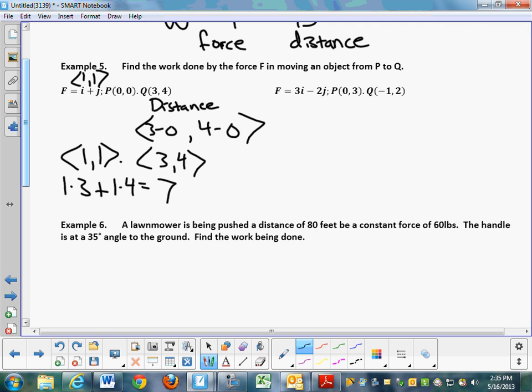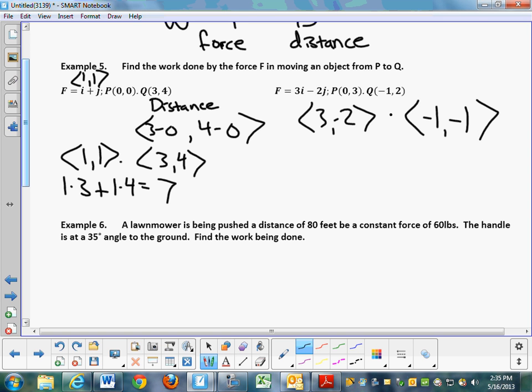Let's look at this one. How do you write the force in component form? 3, negative 2. Now, if you want to figure out the distance, I've got to come up with a vector in component form. Negative 1. What?